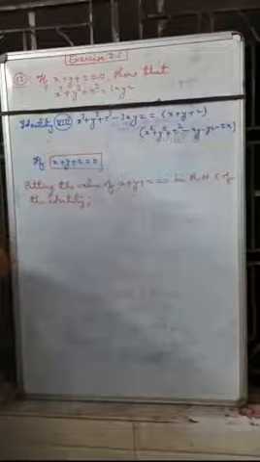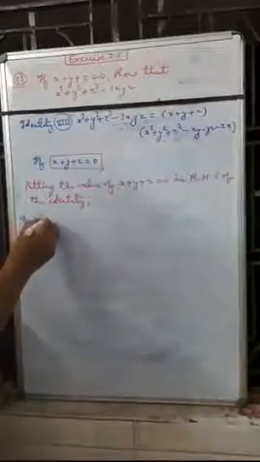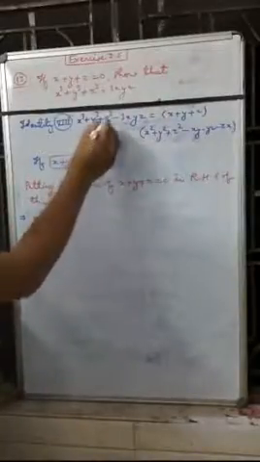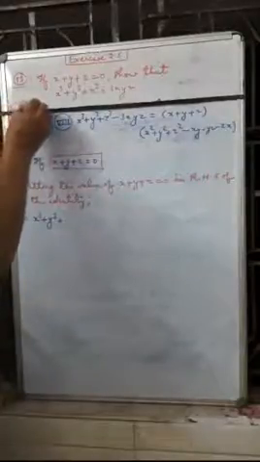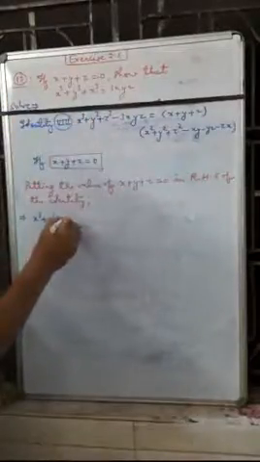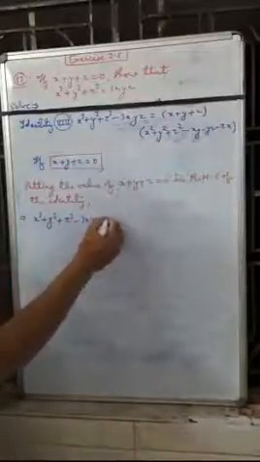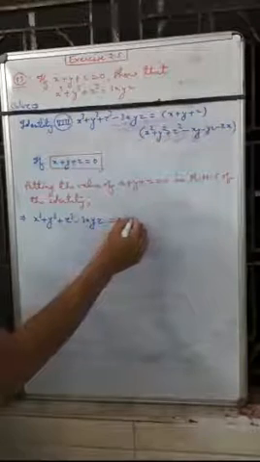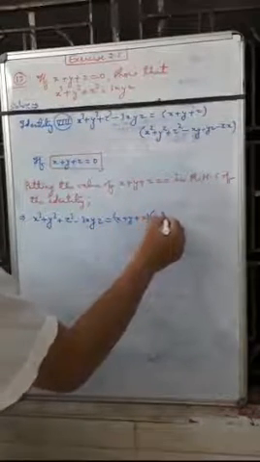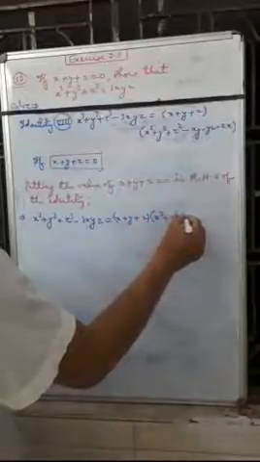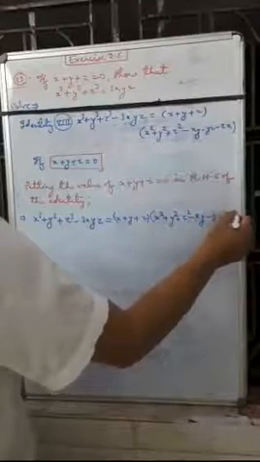So we have the equation x cube plus y cube plus z cube minus 3xyz is equal to x plus y plus z in a bracket times x square plus y square plus z square minus xy minus yz minus zx.